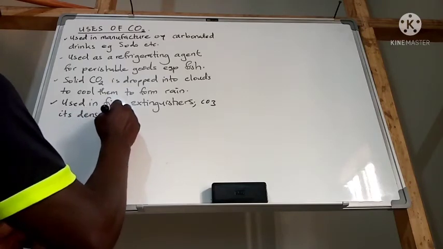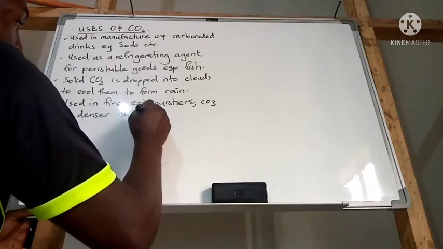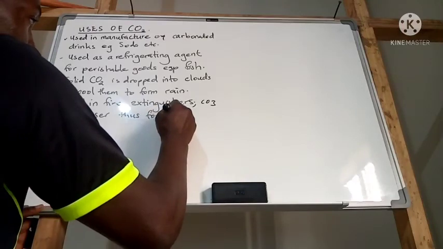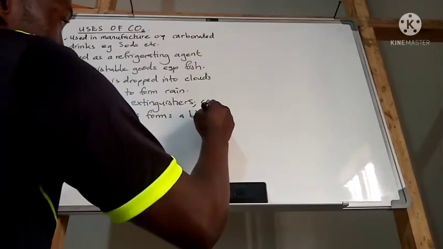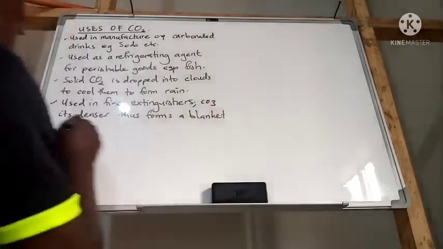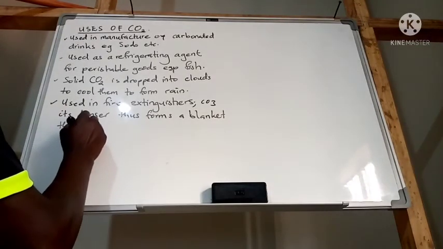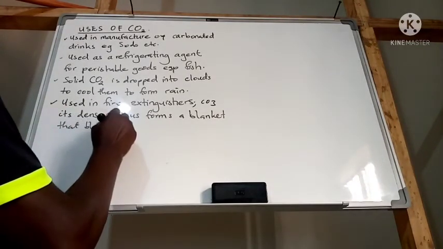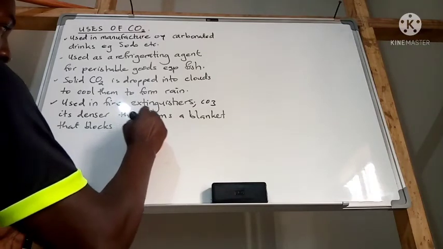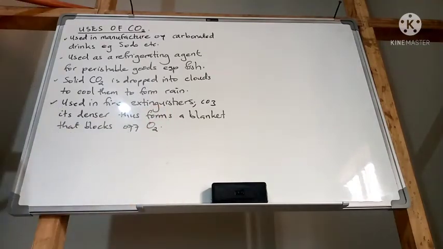Because it's denser, it thus forms a blanket that blocks off oxygen. Two, it does not support burning. So it puts off oxygen. Oxygen can no longer come near fire, and fire definitely has to be put off.